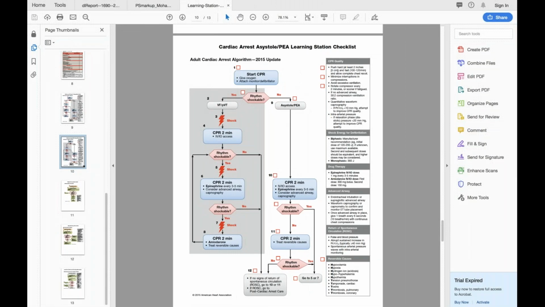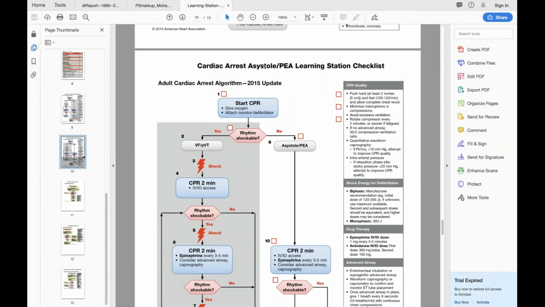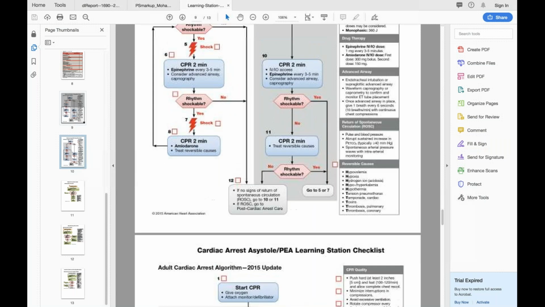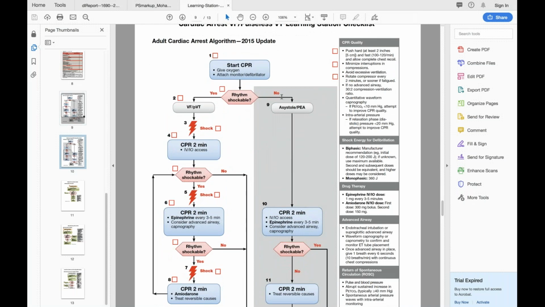You will find first, in your book, these algorithms that will tell you this is cardiac arrest asystole PEA, and this one is cardiac arrest VF pulseless VTach, and the learning station checklist. So let's go one by one a little bit.